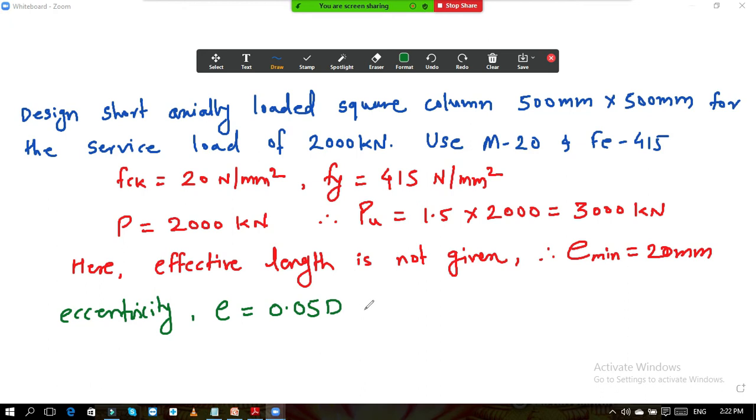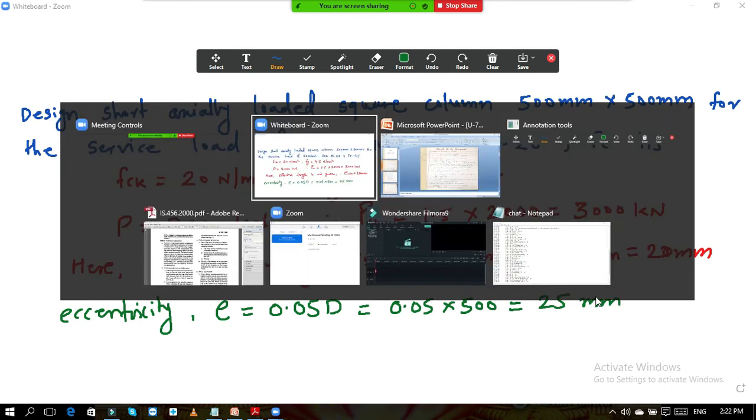So it is 0.05 into D, and it is a square column 500 by 500. So 5 into 5, 25, so 25 mm. So this is your E.